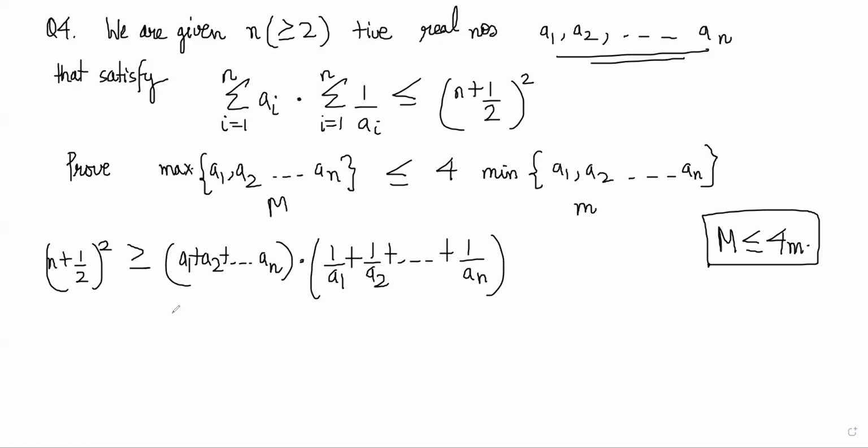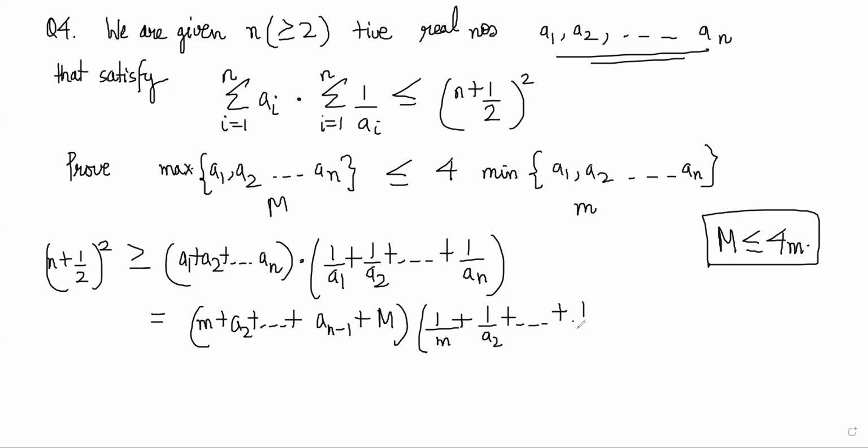So this can be written as m plus a2 plus a n minus 1 plus capital M, multiplied by 1 by m plus 1 by a2 plus 1 by capital M. What have I done here?